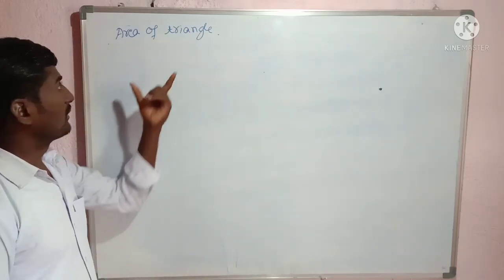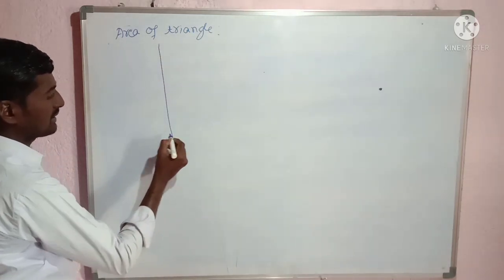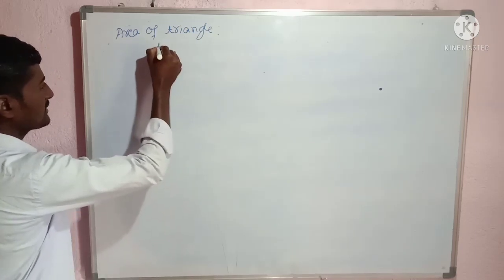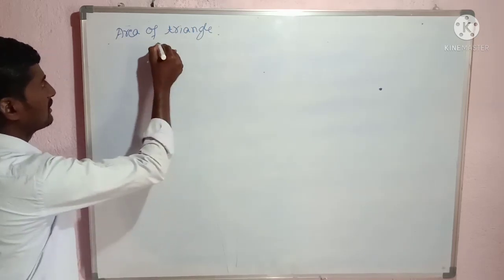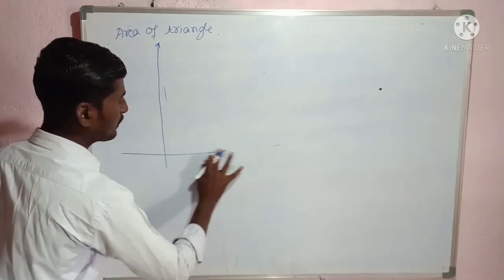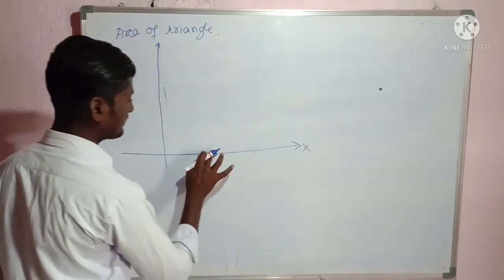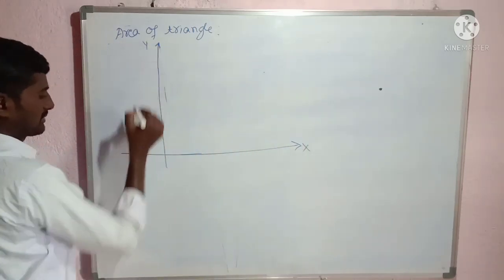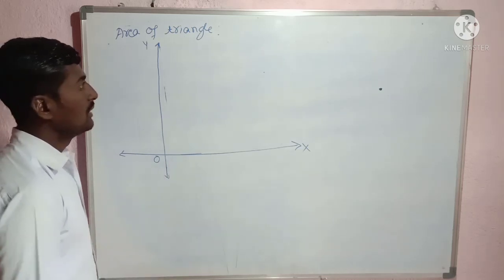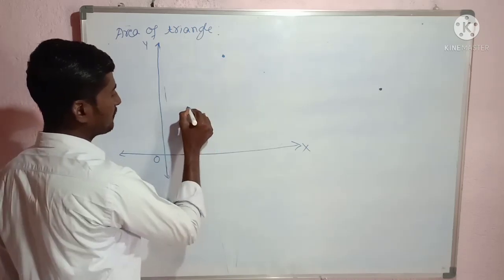Now for this one I will take triangle ABC. Let us consider two perpendicular axes, x-axis and y-axis. So these are the two perpendicular axes. This is the x-axis and this is the y-axis. This is the point O, the origin. Now I consider three vertices of triangle ABC.